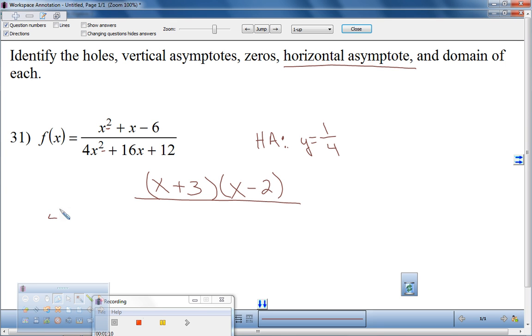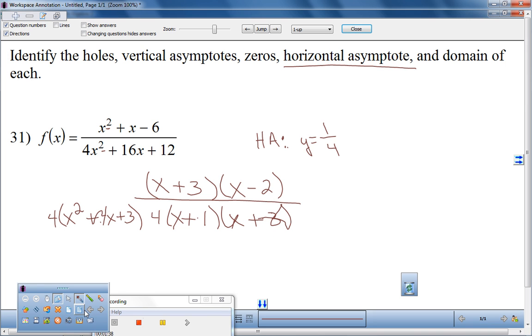I'm going to factor out a 4, so I get 4 times x squared plus 4x plus 3. Now we're going to factor this completely so that we end up with 4 times x plus 1 and x plus 3.